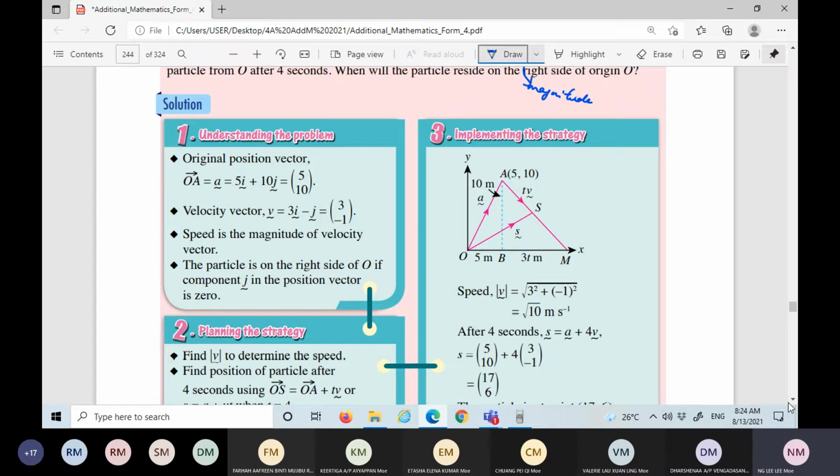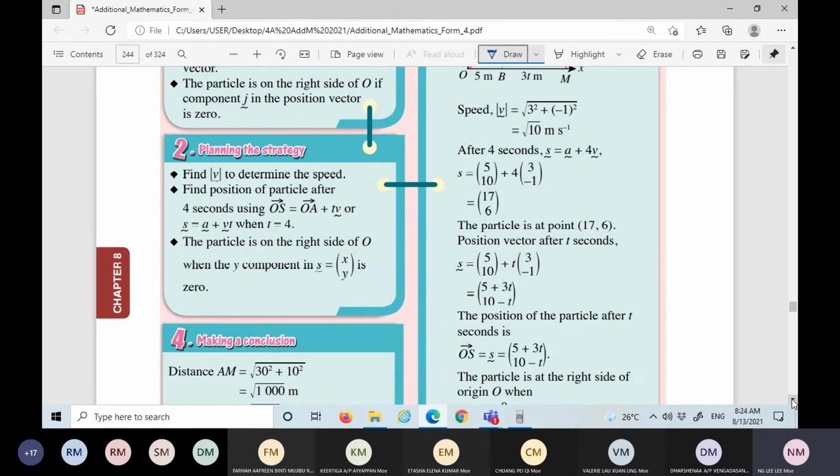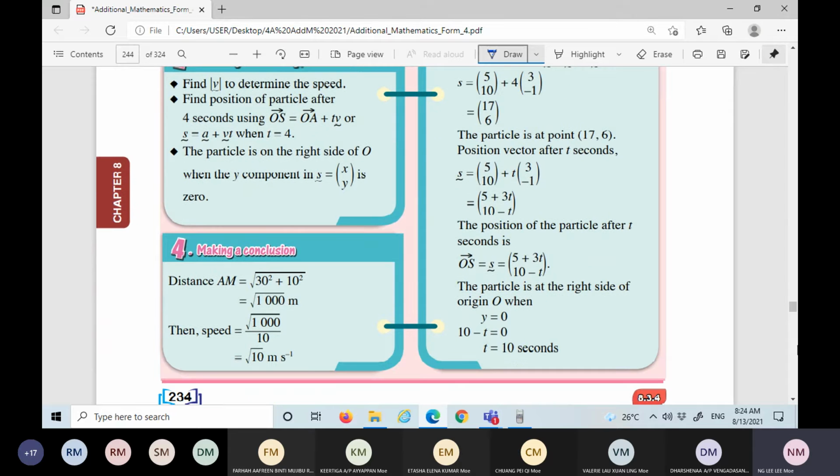So this is 17, 6 you get. So therefore the position of the particle is at 17, 6. This is the first part until here.